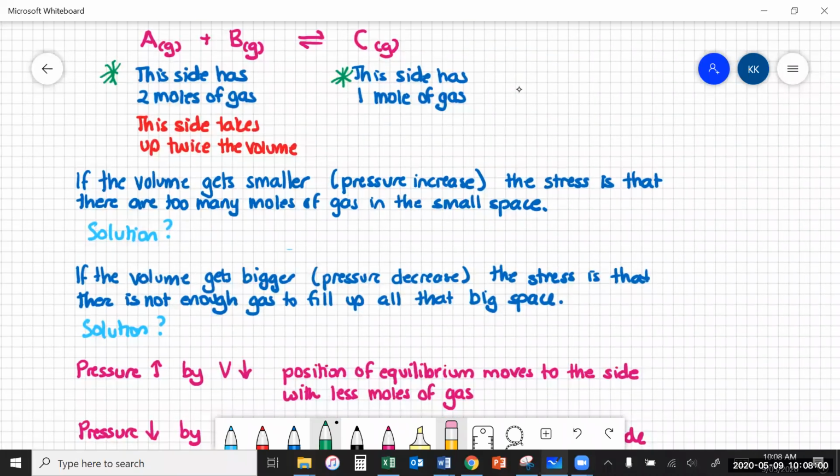If the volume is getting smaller, so we're squishing the gas, we're pressing the container in to increase the pressure. The stress is now that we've got too many moles of gas and we've got this tiny space and it's all too crowded. How can we alleviate that stress? Well, we could go over to the side where there's less moles of gas.